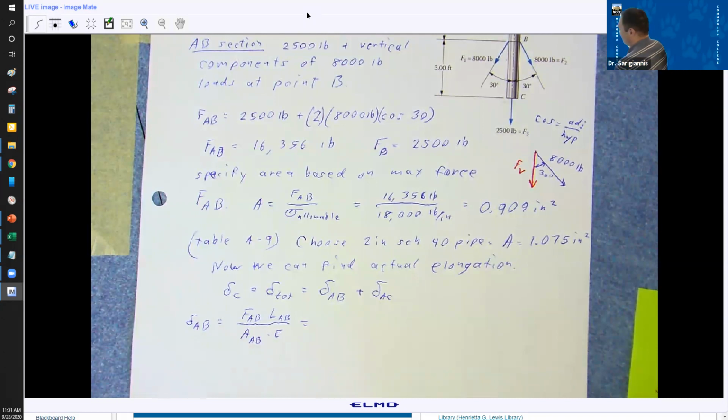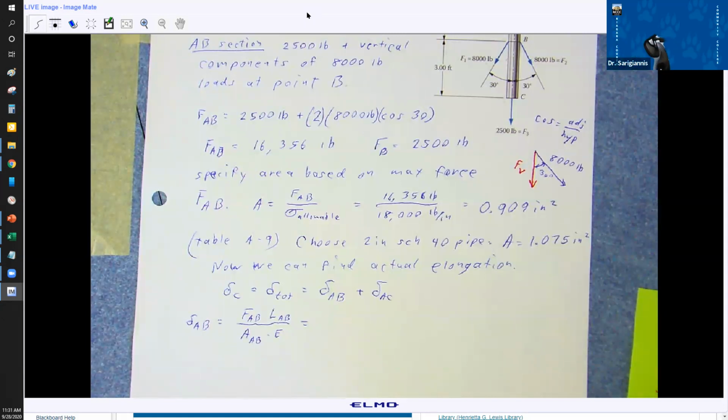Let me go to the pipe table just to make sure. A8, A9. Let's see. A9. Does it have the modulus? No. So you're going to have to get that from A10. That's the modulus of steel.